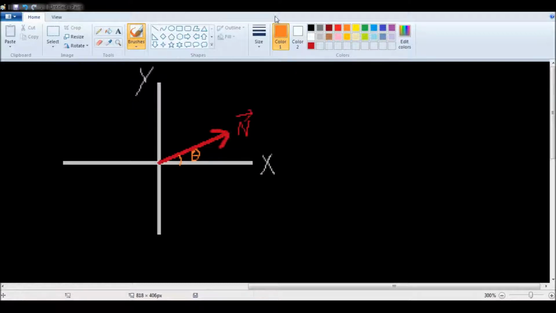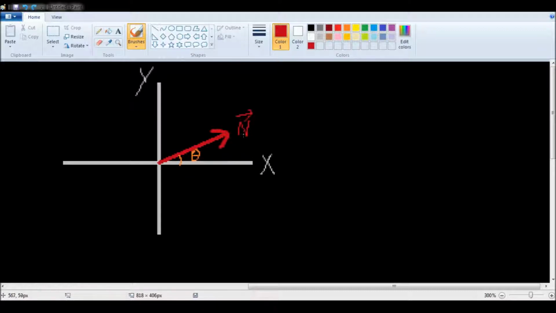And what I can do is map this straight down to the x-axis, like I did before, and I'm going to call this nx.